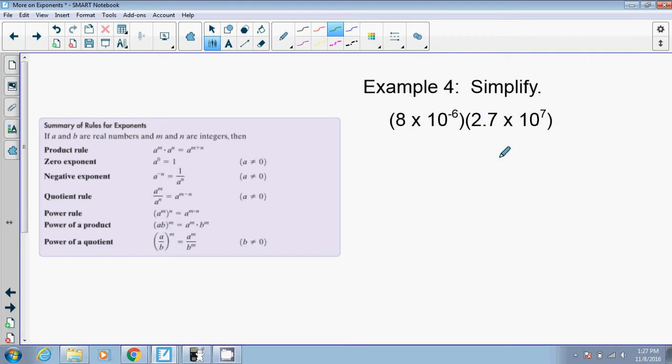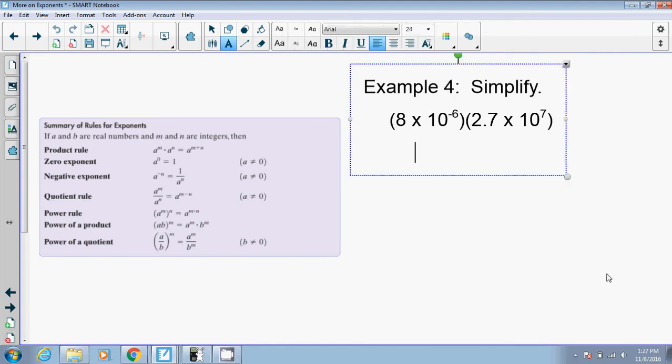So in order to multiply these two, we're going to break it up into individual parts, or stuff I'm able to multiply. So I know when I look at this, I'm able to multiply any sort of number I see. So I'm able to multiply 8 and the 2.7.